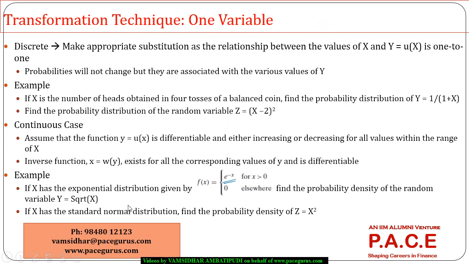If x has the standard normal distribution, I want to find the probability density of z equal to x squared. Z is decreasing for negative values of x. So for negative values of x, z equal to x squared is a decreasing function, and for positive values of x, it's an increasing function.